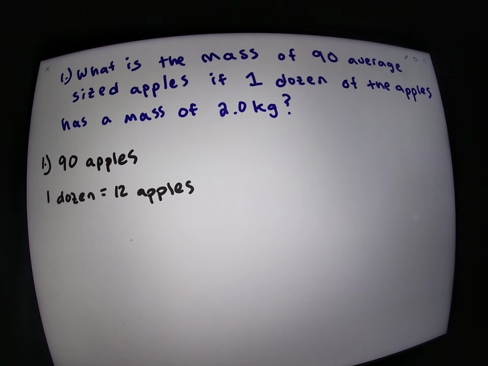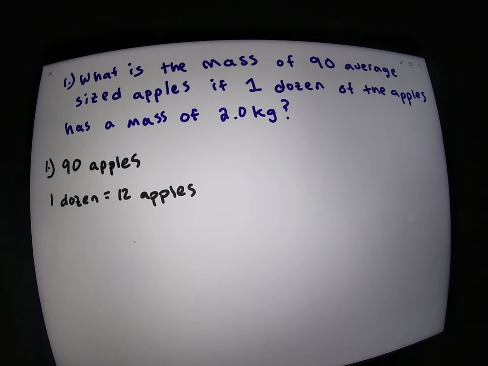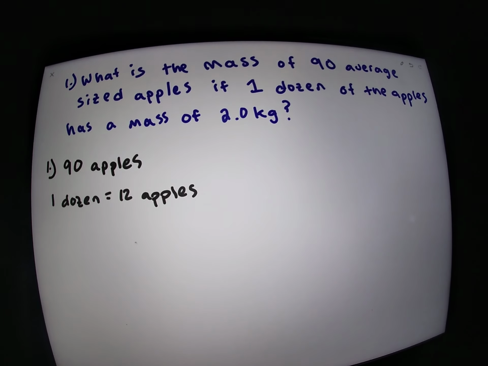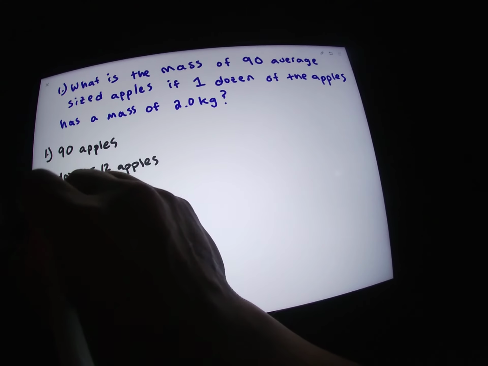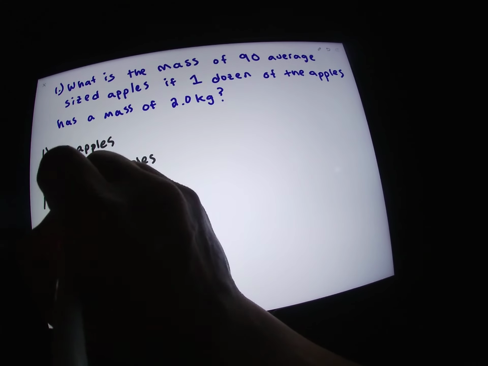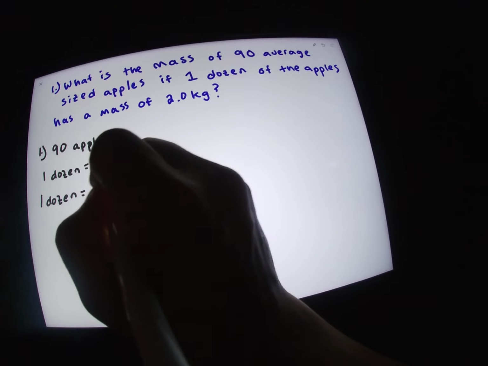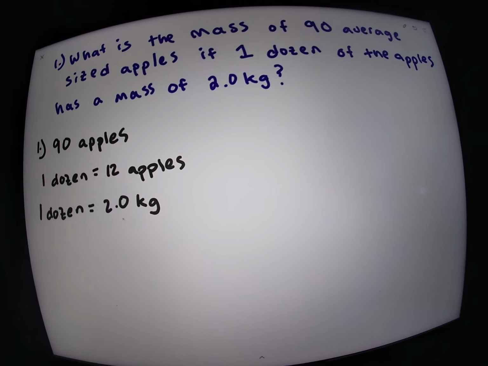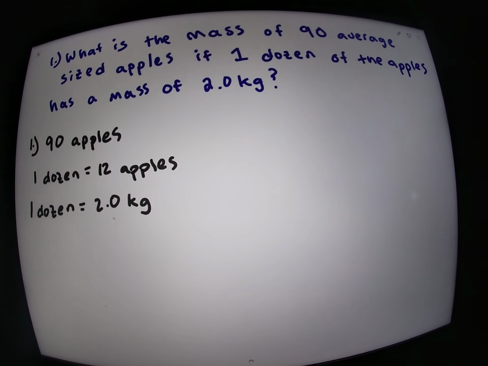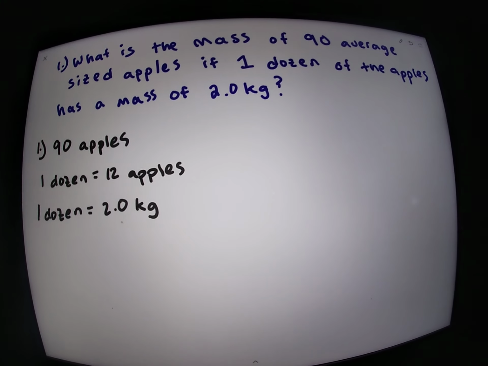We know we have 90 apples. We know that 1 dozen equals 12 apples. And we know that 1 dozen of apples equals 2 kilograms. Those are the two equalities we know. That's what's given, those three pieces of information.